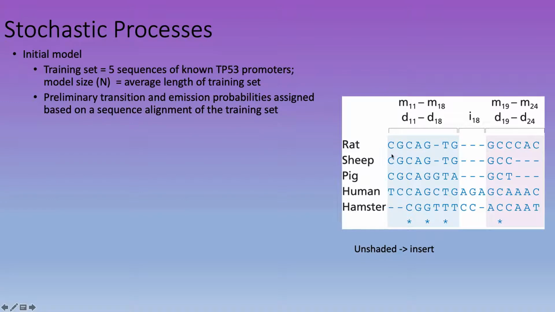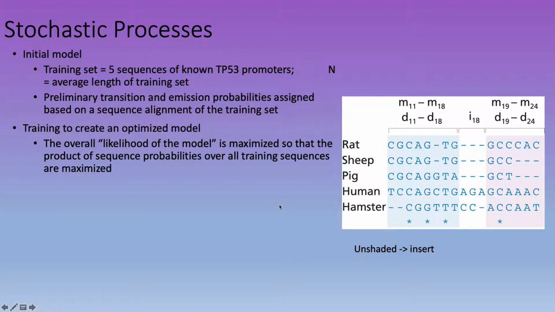Here I could say the probability I'm going to be a match is 4 out of 5, so 80%. The probability I'm going to be a deletion is 20%. In that way, I can set these preliminary values from this training set.